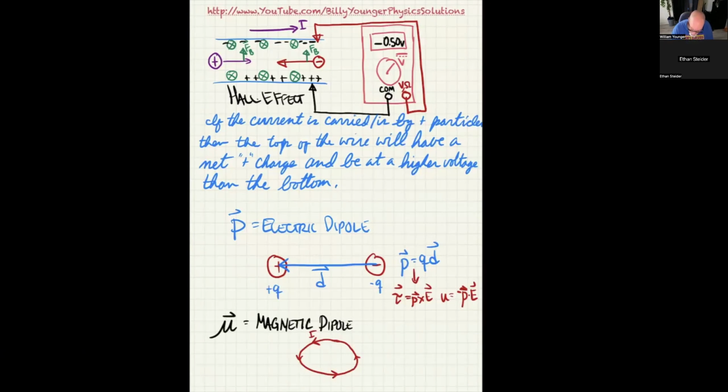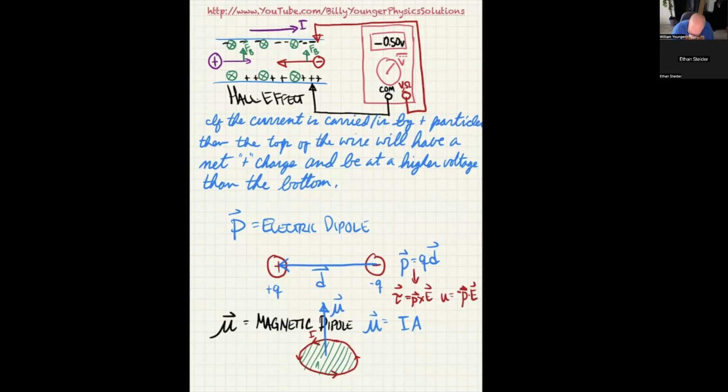Then, according to the right-hand rule, the mu vector would point in that direction, and mu is equal to I times the area of that circle. So I'm going to change colors real quick and just say that's the area that we're talking about. So that's what the magnetic moment is.